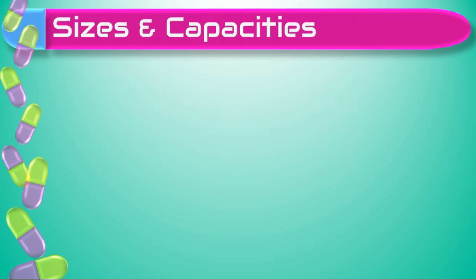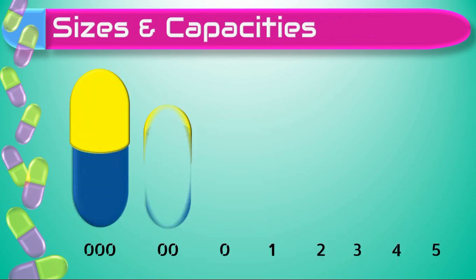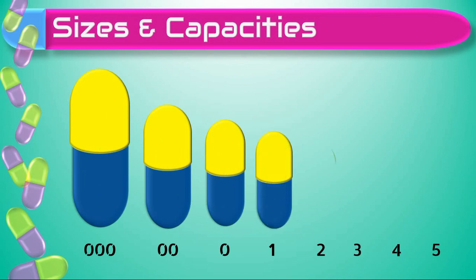Now we have to discuss sizes and capacities of the capsules. Empty capsule shells are available in a variety of sizes and they are numbered from 000 to 5 as 000, 00, 0, 1, 2, 3, 4 and 5.